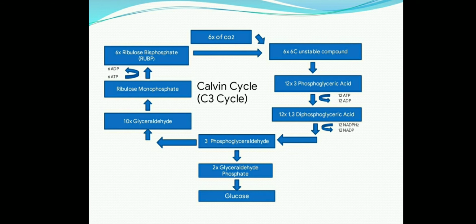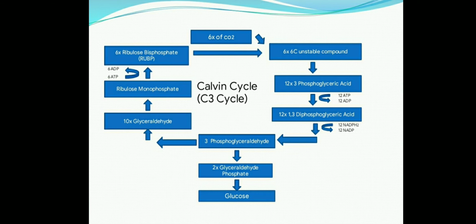So this is the first stage, where RuBP combines with CO2 in the presence of RuBP carboxylase, and the 3-carbon stable compound phosphoglyceric acid is formed. This is called the carboxylation process. So the first stage is carboxylation.